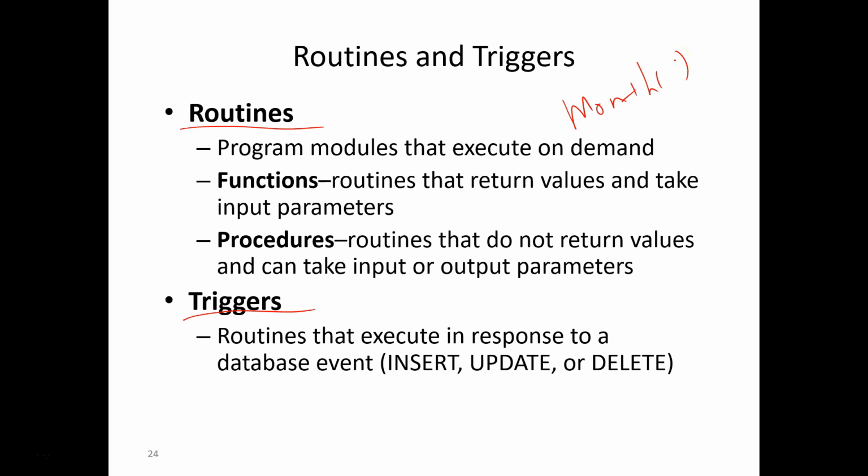It takes the entire date value as the input parameter, which is usually enclosed within a set of parentheses, and then returns the month value, such as January or February, or in numeric format like 1 or 2, as the result. A procedure is simply a piece of programming code that, when called, does not return a value but performs an action. For example, you can create a procedure called sort, which would sort the data when it is called.